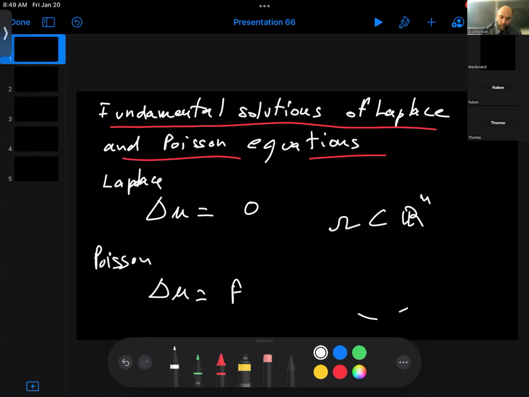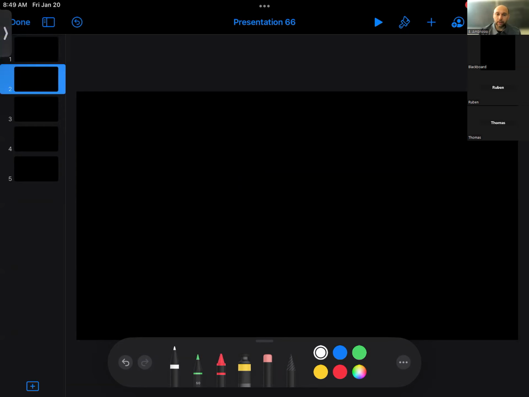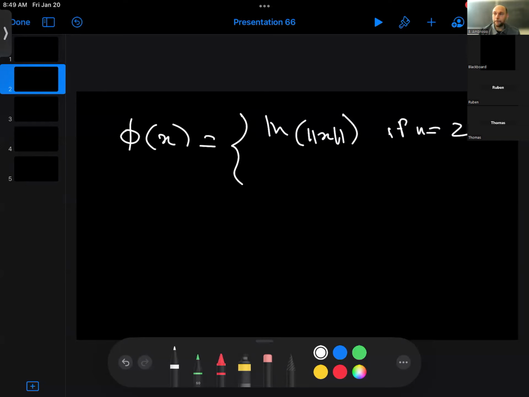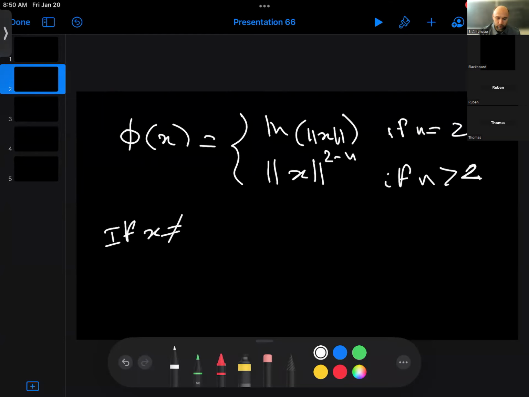And so what we saw in the previous lecture is that if I write phi of x as the logarithm of the norm of x if n equals 2, and norm of x to the power 2 minus n if n is greater than 2, then if x is non-zero, we did the computations and we saw that in fact Laplacian phi equals 0.